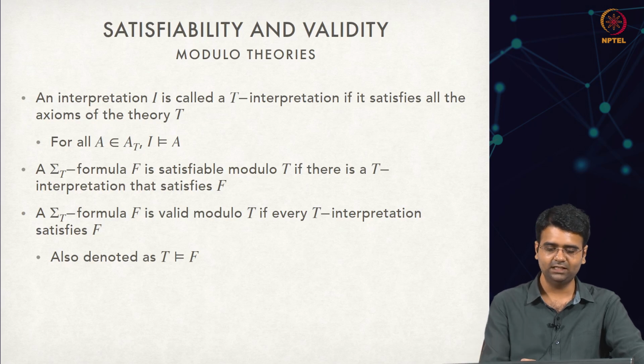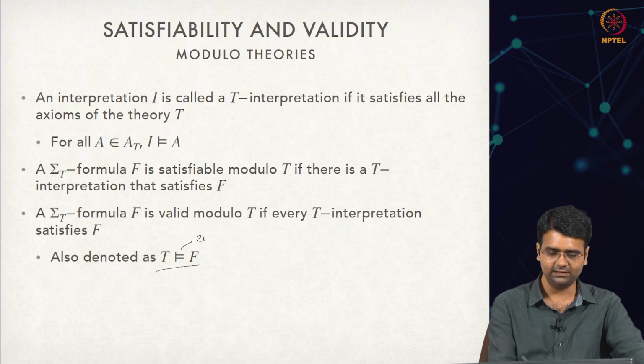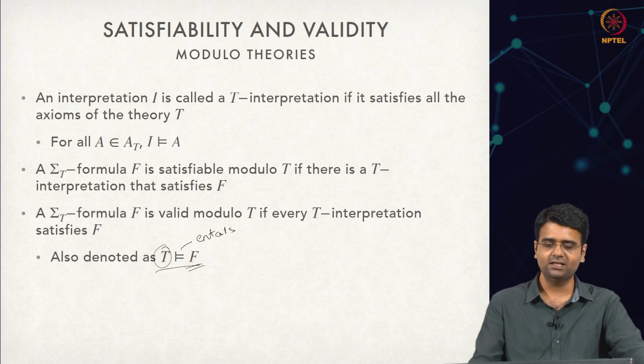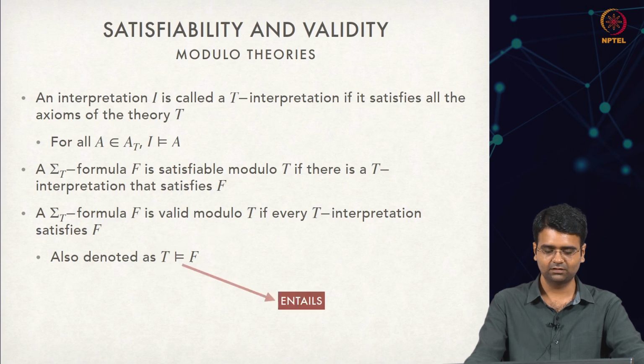We say that T entails F. So you should read this as entails, which means that T implies F. So all the axioms of the theory T imply the formula F, which means that every T interpretation satisfies the formula F. Every T interpretation is a model of the formula F. Okay. So we read this as entails.